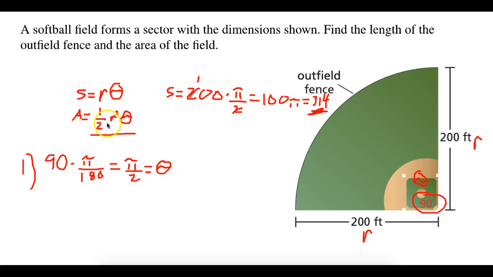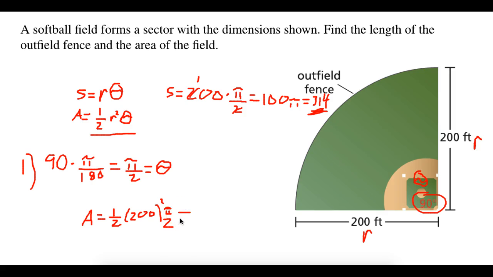Well, we already know that r is 200, so we're going to get 1/2 times 200 squared times pi over 2, because that's theta right here.